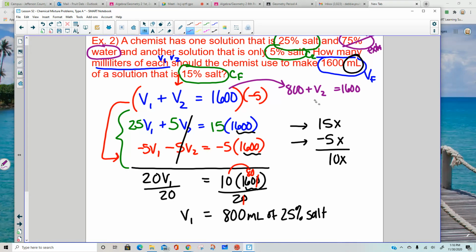Okay, so V2, subtract 800 from each side, or just think in your mind, what would I add to 800 to get 1600, right? So V2 is another 800, just by coincidence, it's the same. Okay, we write the units milliliters, and then what it is. That one was the 5% salt.